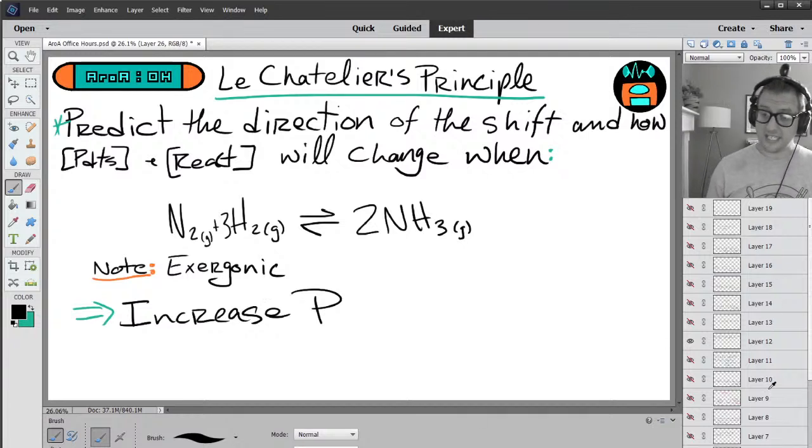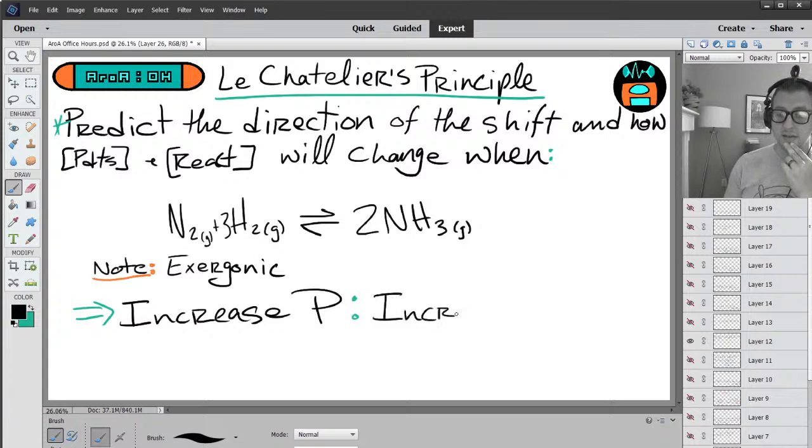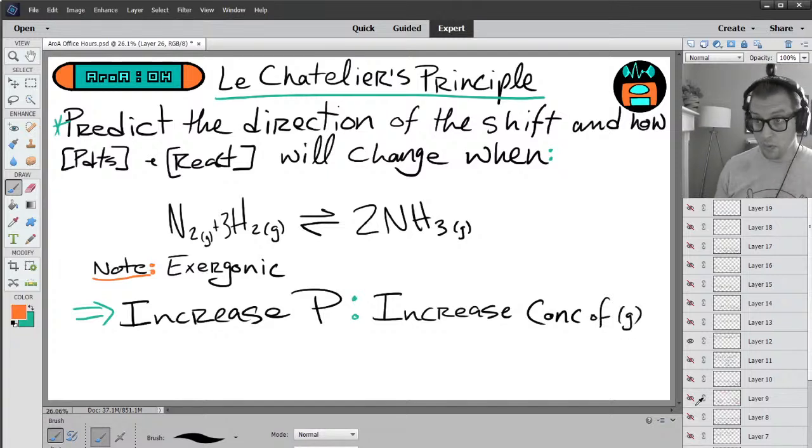Like we saw with the last example, an increase in pressure will result, this is another way of saying it's going to increase the concentration of gases.